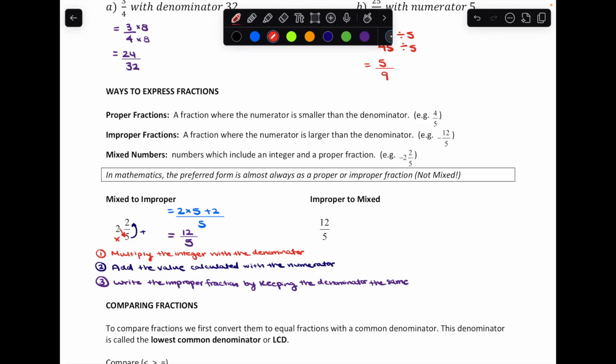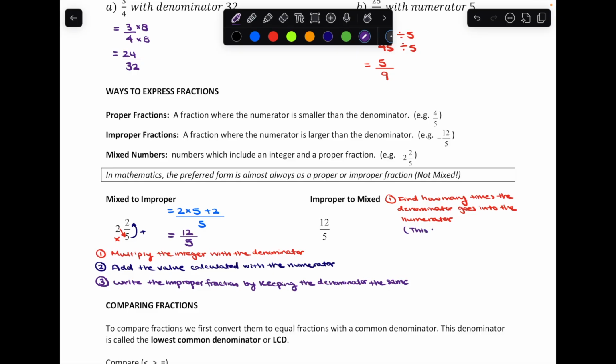If we're looking at the opposite direction, so we're going from improper to mixed, the first thing we want to do is we want to find how many times the denominator goes into the numerator, and that will give us our integer value.